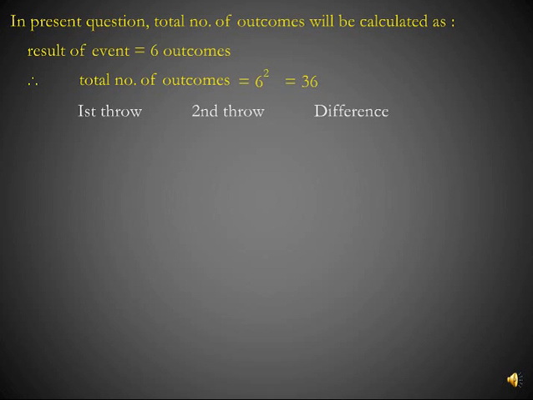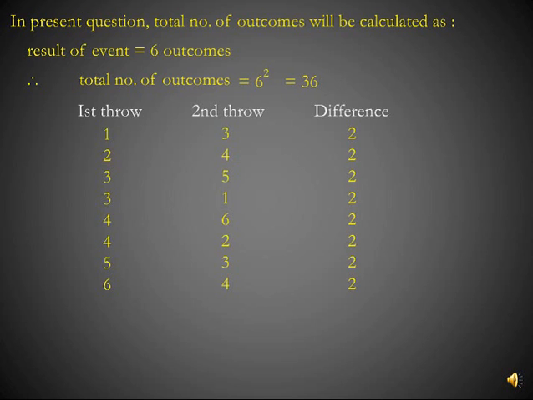Now we have 2 throws. So first column will be of first throw, second column will be of second throw, and third column will be of difference because we want a difference of 2 between 2 throws. So how does the difference of 2 come?